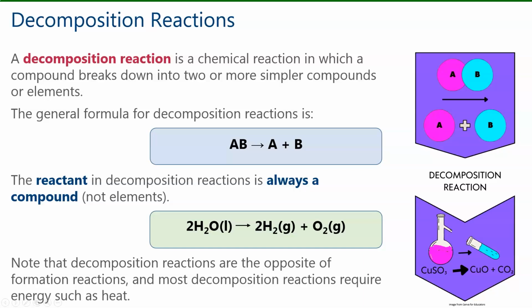In our image to the side, we can see that we have a compound AB, and it undergoes a decomposition reaction to become substance A plus substance B. On the bottom of this image, we can see another example of a decomposition reaction. We have copper 2 sulfate, which undergoes decomposition to become copper 2 oxide plus carbon dioxide. So we have a compound that undergoes decomposition to become two simpler substances.